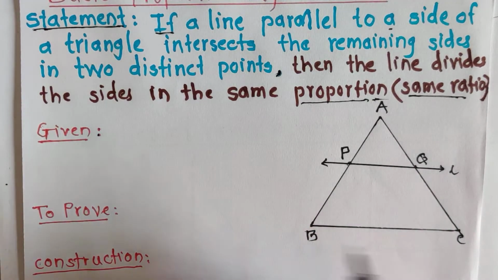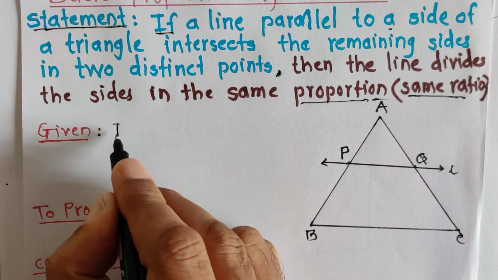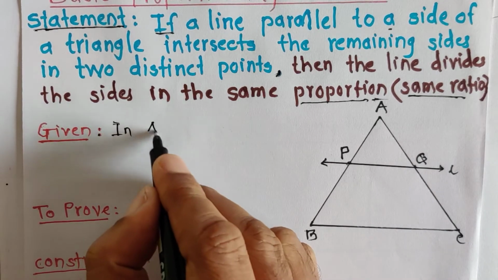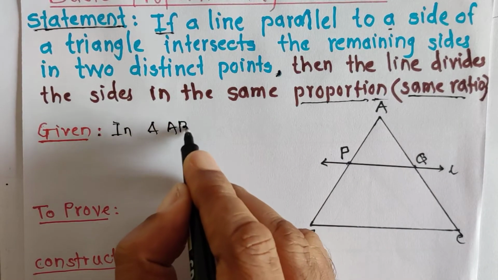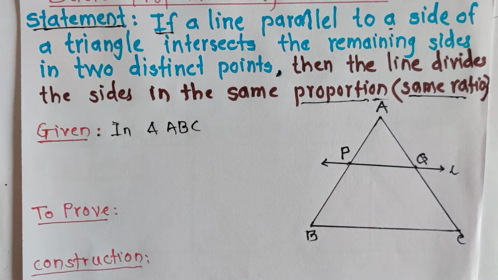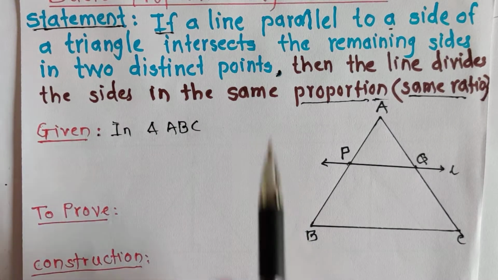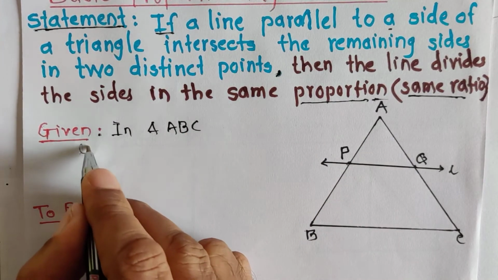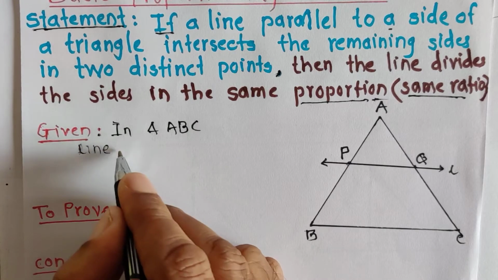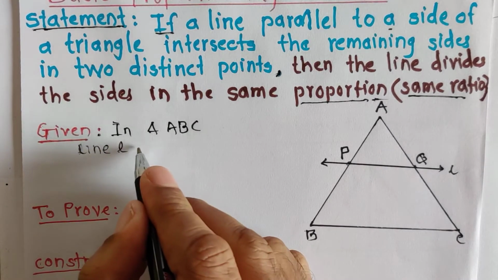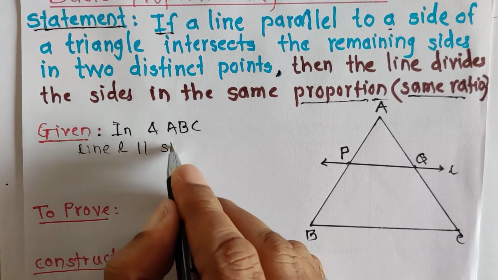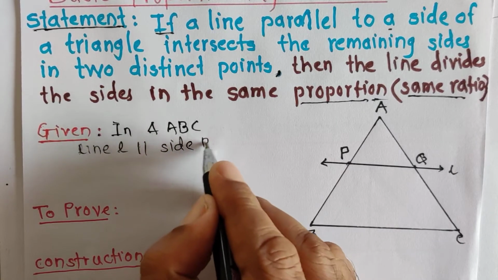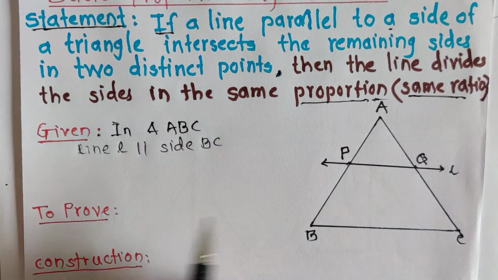Your figure is triangle ABC. In triangle ABC, a line, which line? Line L is parallel to side BC.